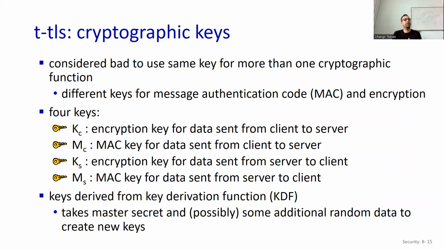This is why we want people to use different keys for different purposes. Here we want a different key for message authentication and a different key for encryption. So this is why we have 4 keys: 2 for message authentication and encryption for the client, and the other 2 for the server.